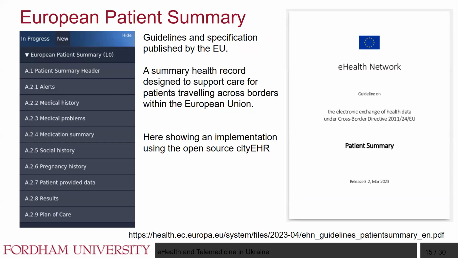It's the sort of things which you'd expect in a summary record, sufficient to provide information should a citizen who's out of their home country require medical attention while they're abroad in one of the other EU countries.